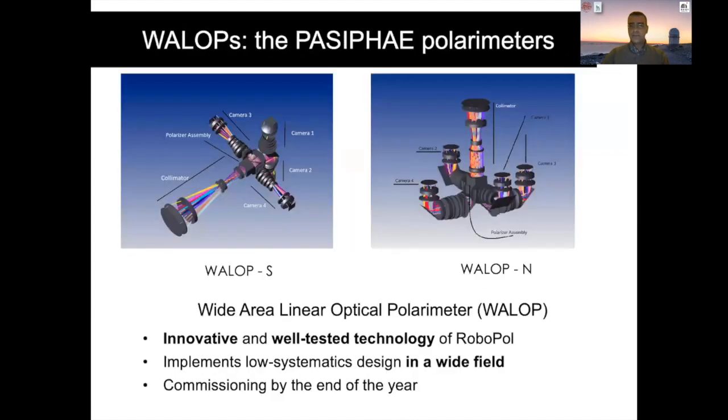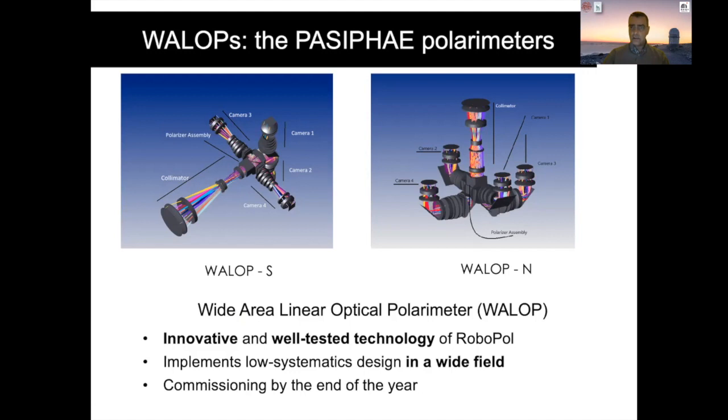This is achieved by WALOPs, two innovative, wide area, linear optopolarimeters designed specifically for this project. WALOP builds on the well-tested, no moving parts, low systematics technology of RoboPol that has been running on Skinakas with tremendous success since 2013, and it basically implements the RoboPol design in a wide field instrument.